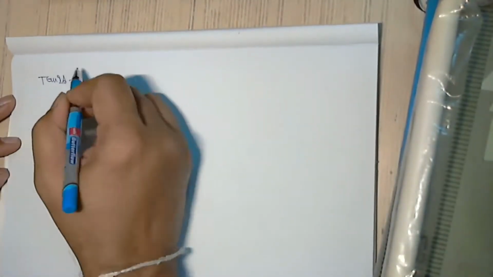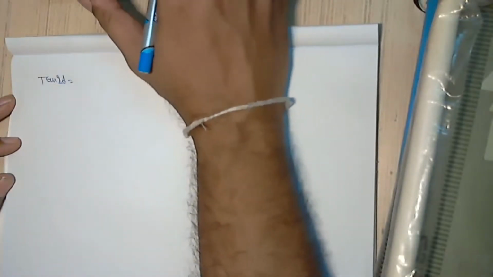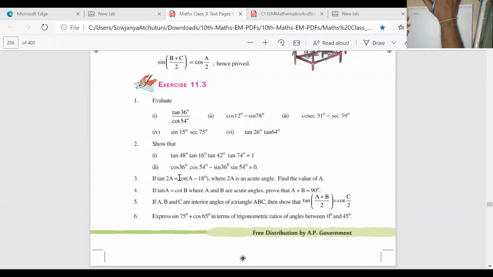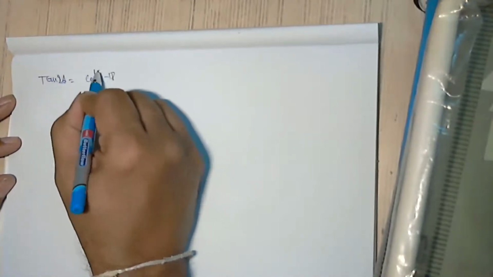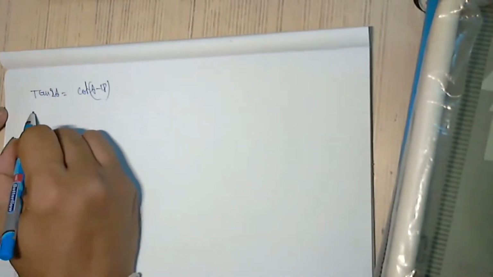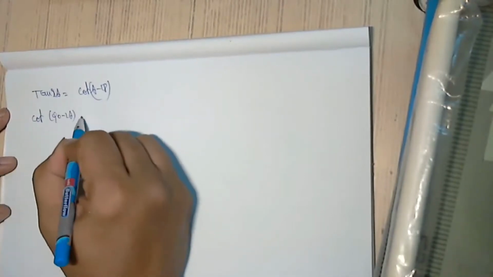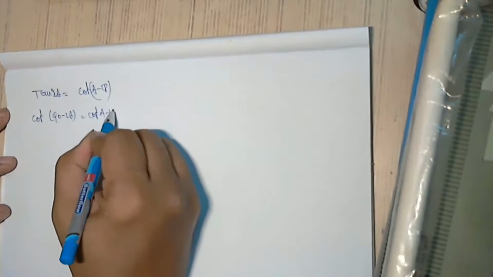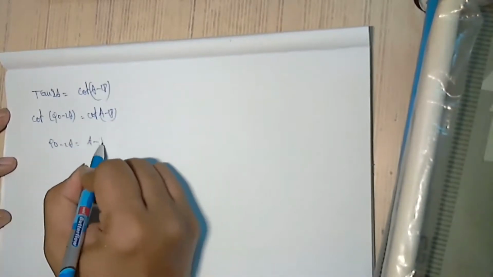Again, we'll do this problem. Tan 2a is equal to, it is given, cot of a minus 18. So tan 2a can be written as cot of 90 minus 2a. So 90 minus 2a is equal to a minus 18.